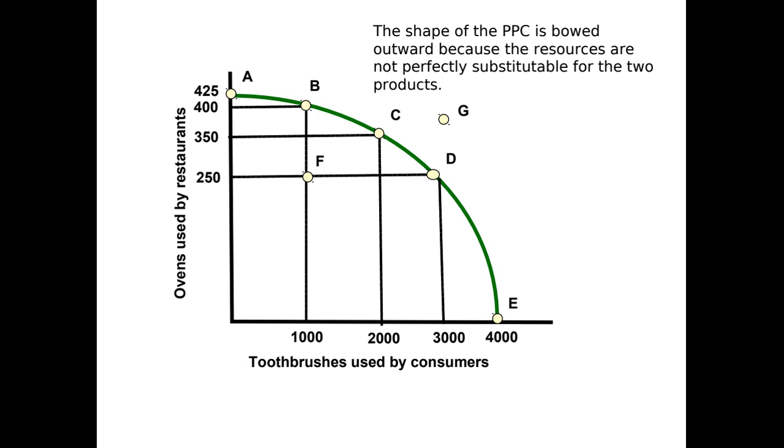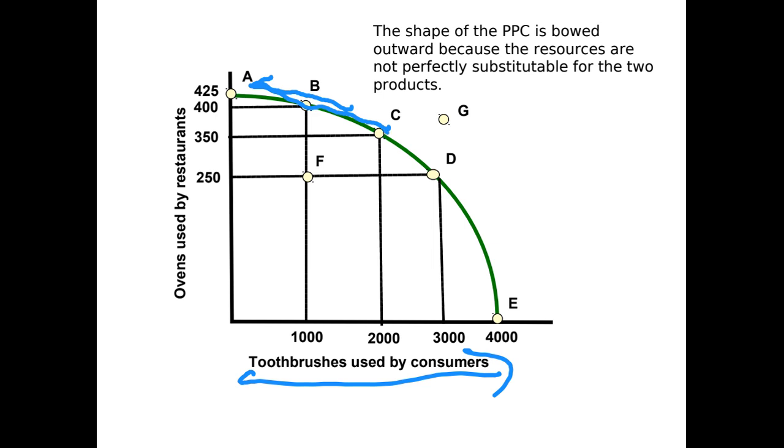And the reason is that opportunity cost is increasing as you move along it. Opportunity cost is nothing but the slope of this production possibilities curve at each respective point. So the slope, notice, is increasing as you move in this direction.